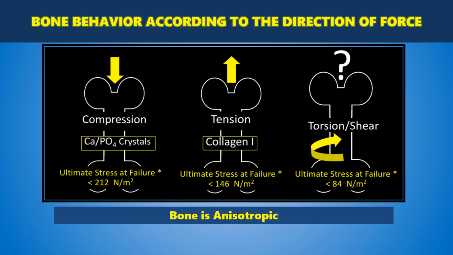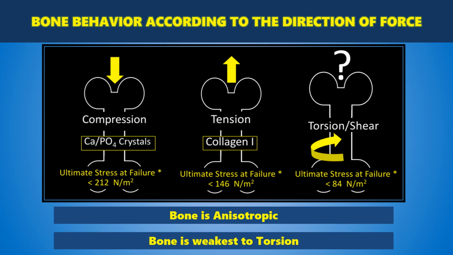So the term anisotropic means that the bone behaves differently according to the direction of force. Our bone can withstand high compressive forces, and it is weakest to shear forces or torsional forces.